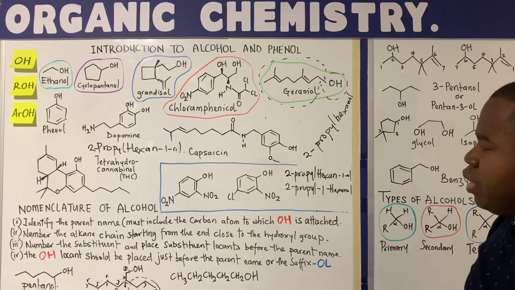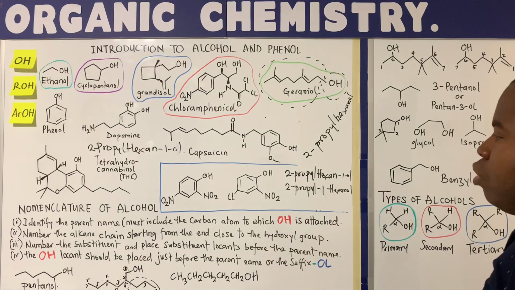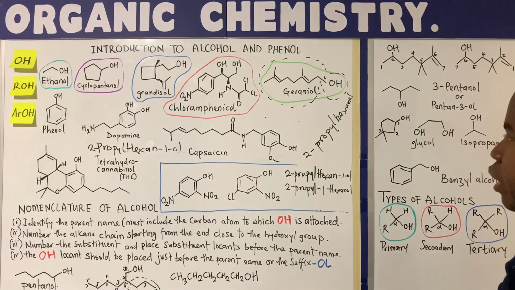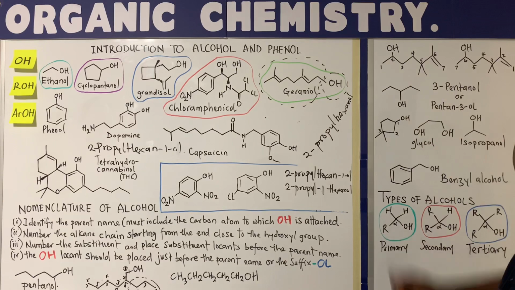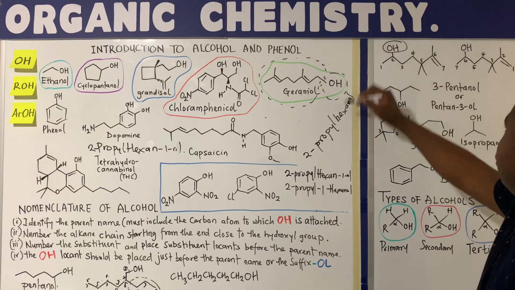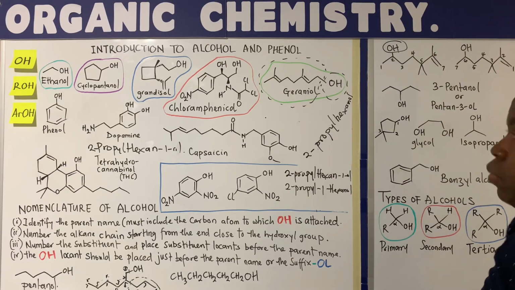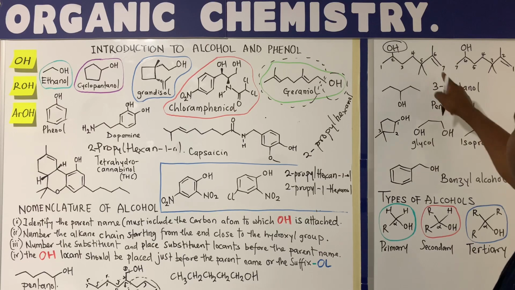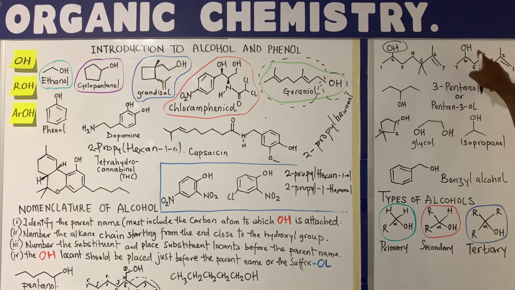So in appreciation of this rule of naming alcohol further, we're going to look at this molecule that we have drawn here. If you look at this, we have a hydroxyl group attached to the second carbon atom starting from here. But if we start from here, this hydroxyl group is going to be found on the 6th carbon atom.